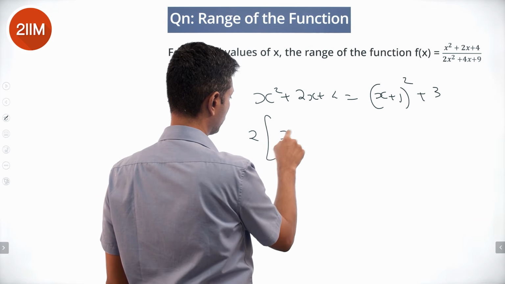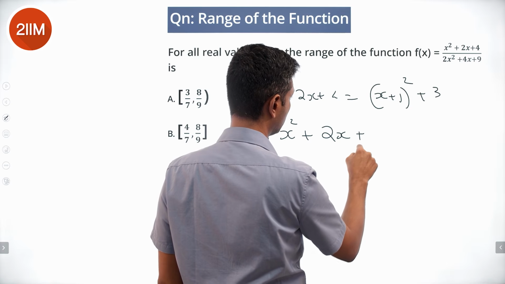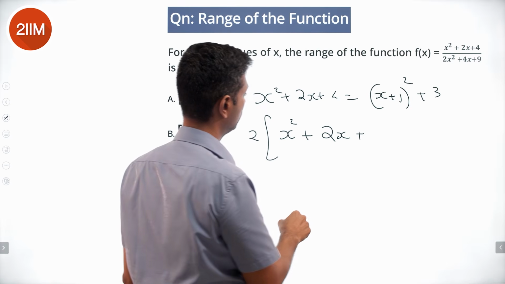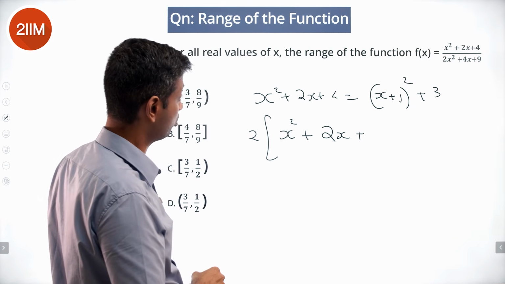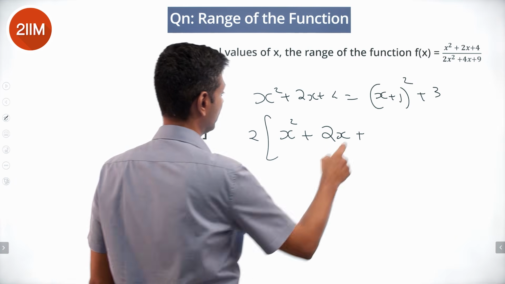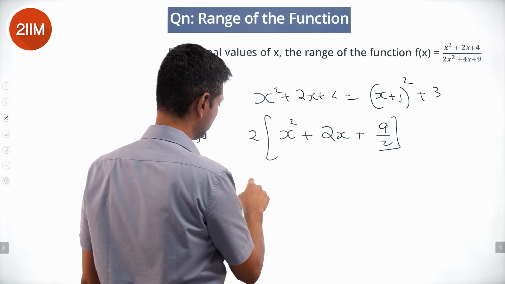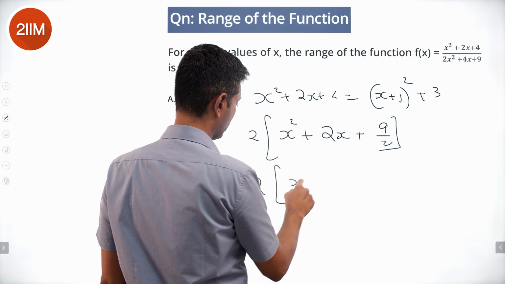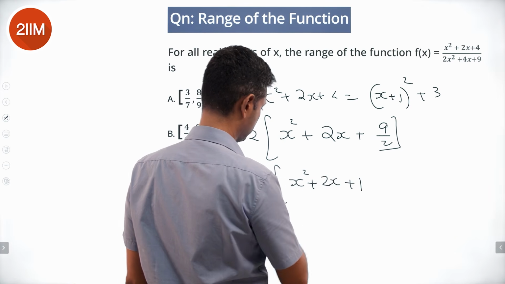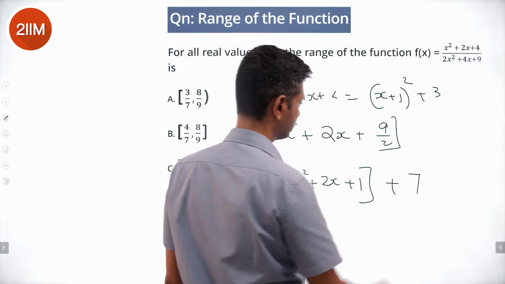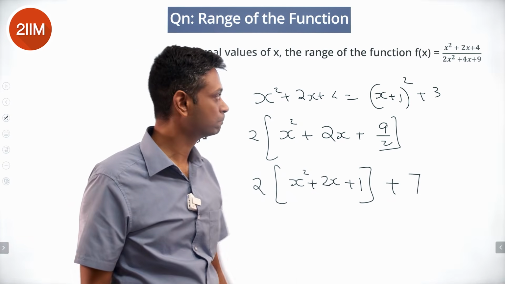The denominator is 2 times x square plus 2x plus 9 by 2. Or think of this as 2 times x square plus 2x plus 1 plus 7 by 2, taking 1 here and keeping the 7 that side.